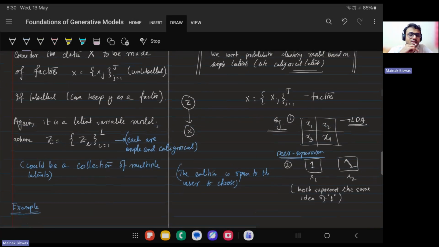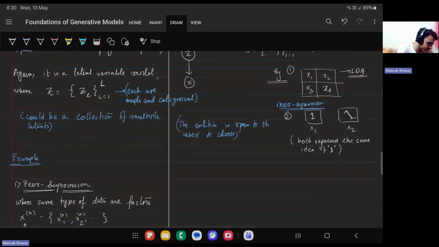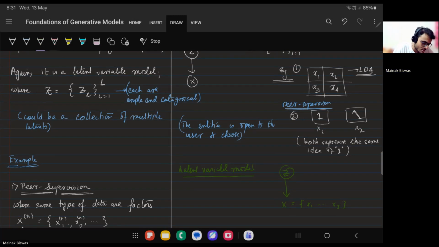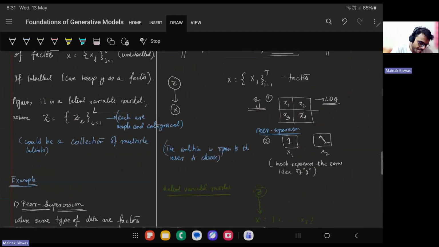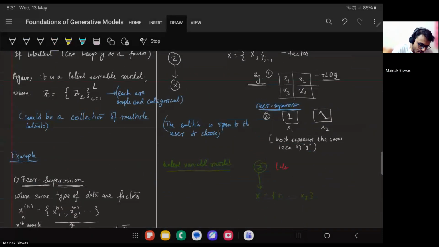Now, each of these factors, we will say it's a latent variable model again. We'll say that the total x equal to x1 dot dot dot xj is explained by some latent z, which could have multiple values.